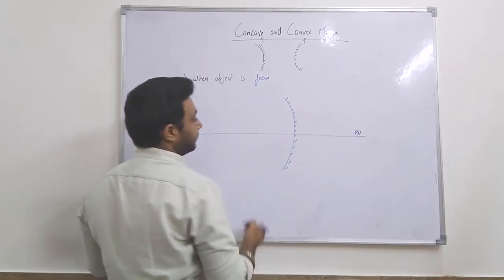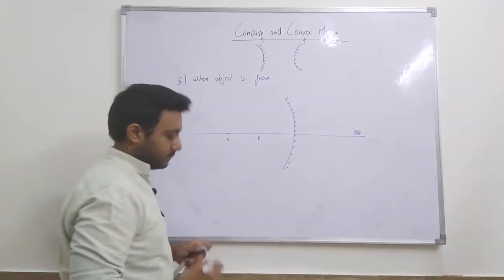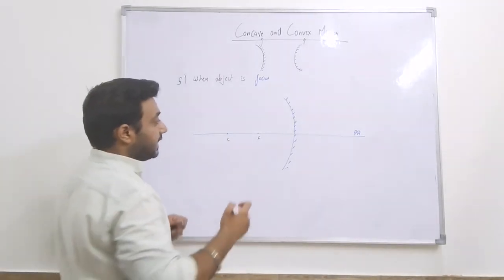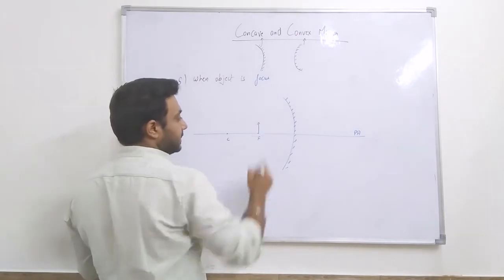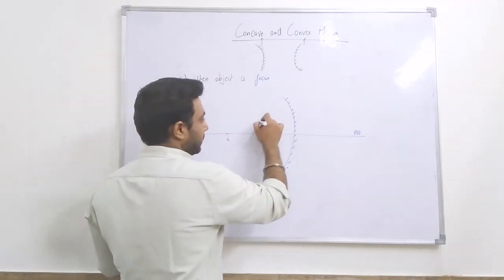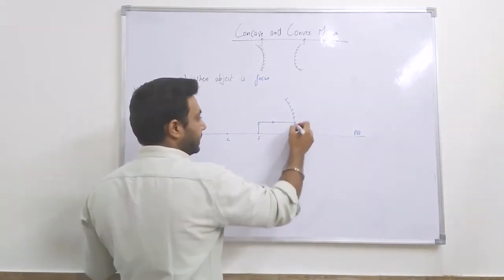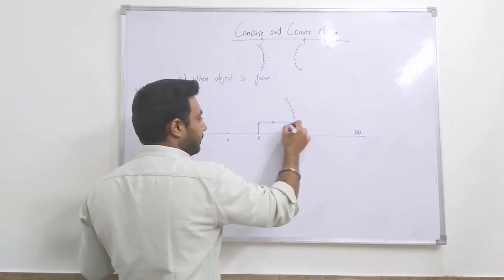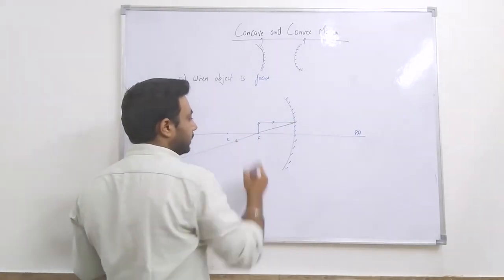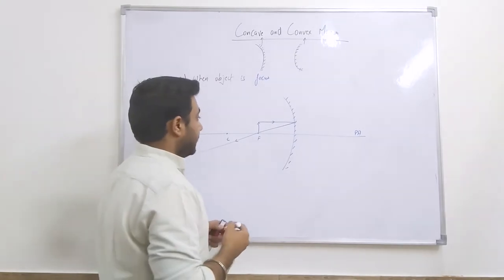This is the principal axis. This is the focus, and this is the curvature. Object is at focus. The line coming parallel to the principal axis will reflect back and pass through focus.